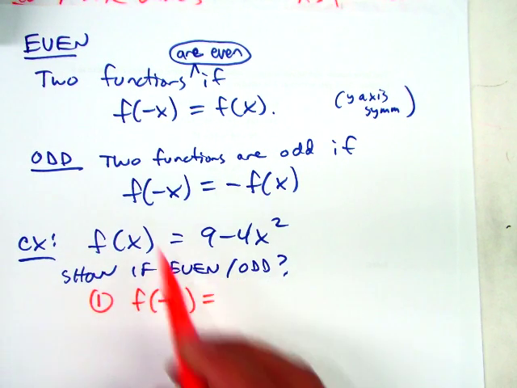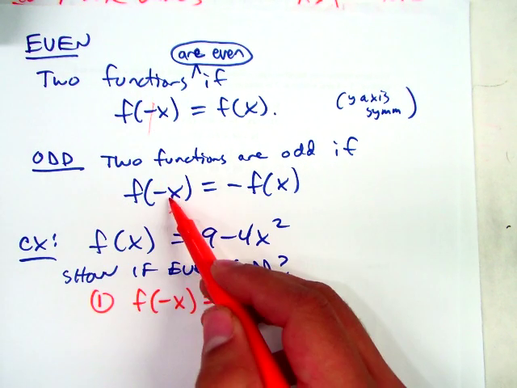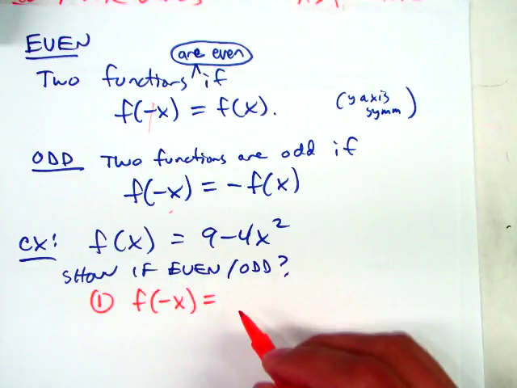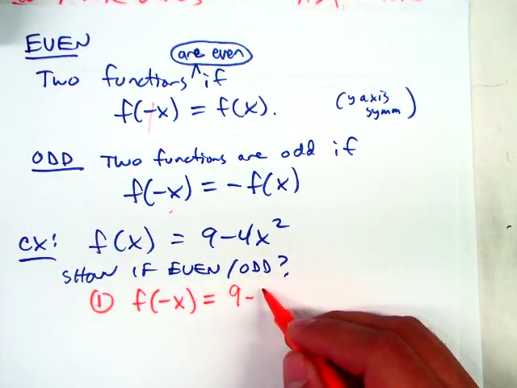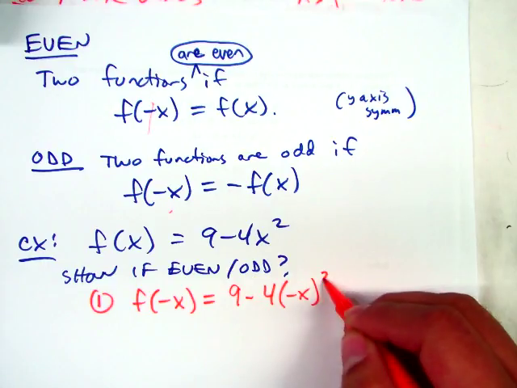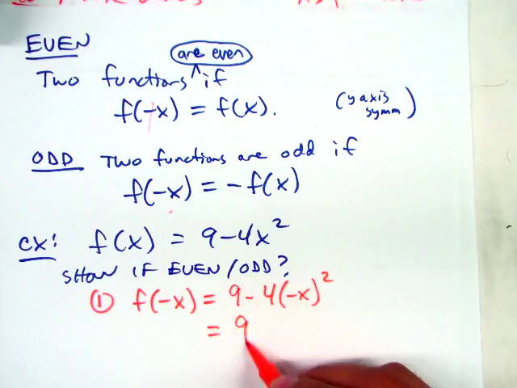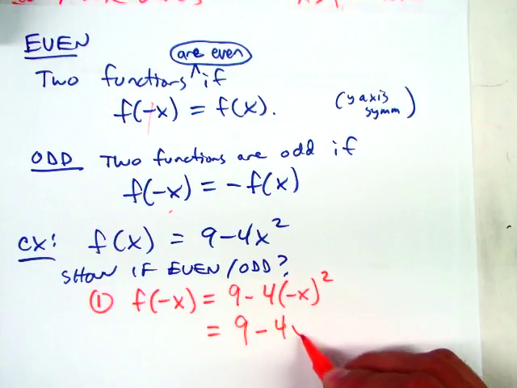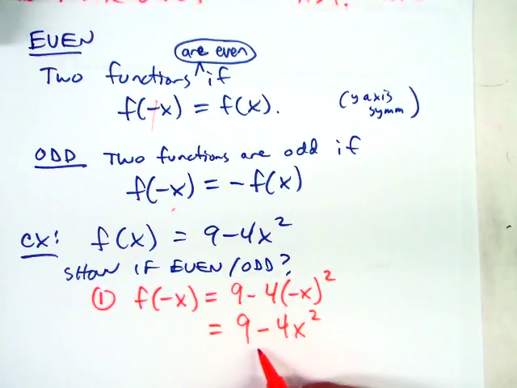Because you see, both definitions involve figuring out f of negative x, right? So first thing you do, you figure it out. So 9 minus, if I plug in negative x and square it, what do I end up with? 9 minus 4x squared. 9 minus 4x squared, is that the same as f of x?